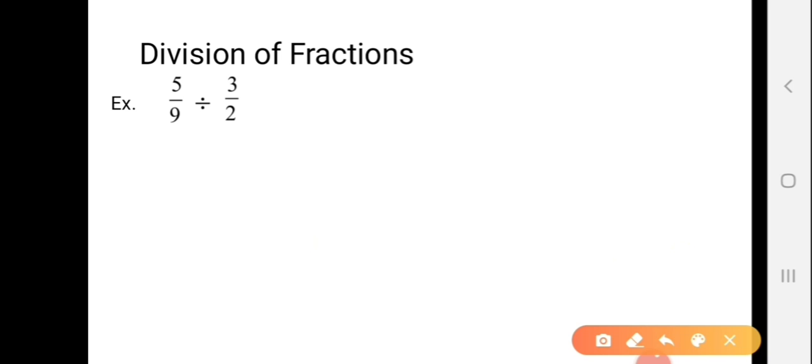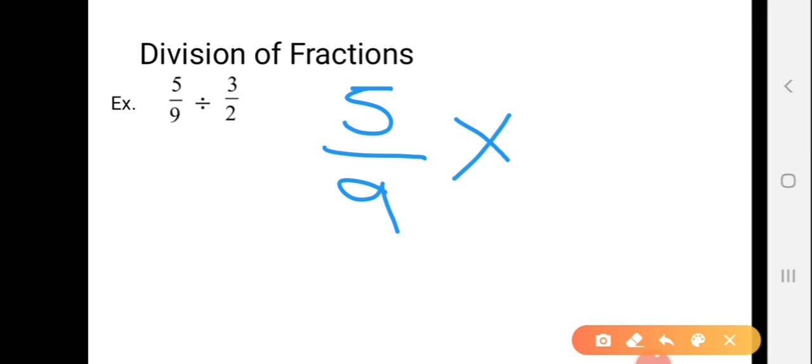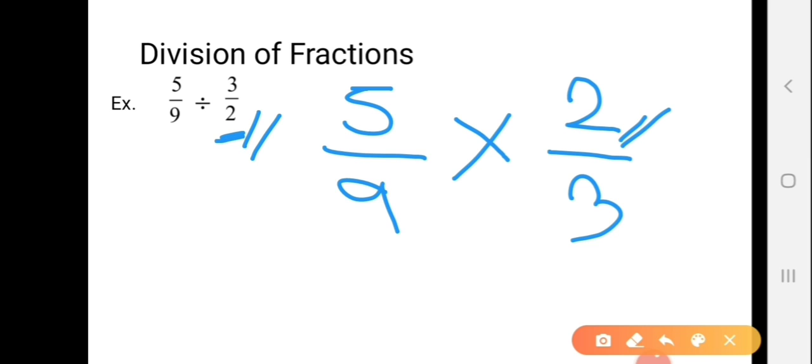So while dividing fractions, what we have to do is take the first fraction as it is, but multiply, not divide, okay. Multiply it with the reciprocal of the second fraction. So here you can see that I have taken the reciprocal of 3 by 2 as 2 by 3. 2 was the denominator, here it became the numerator. 3 was the numerator, here it became the denominator, right?